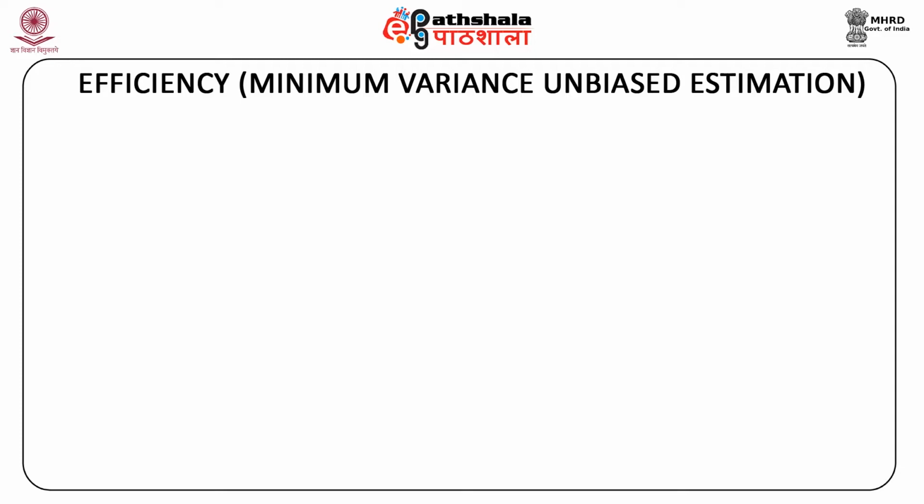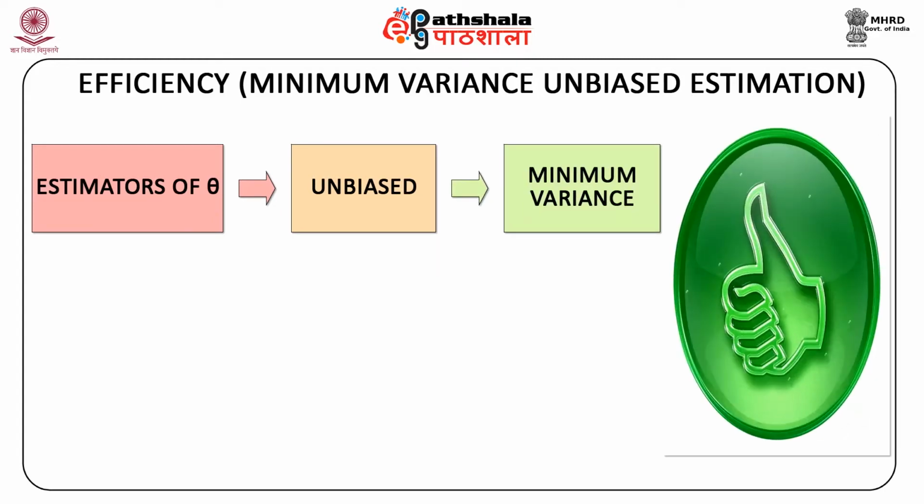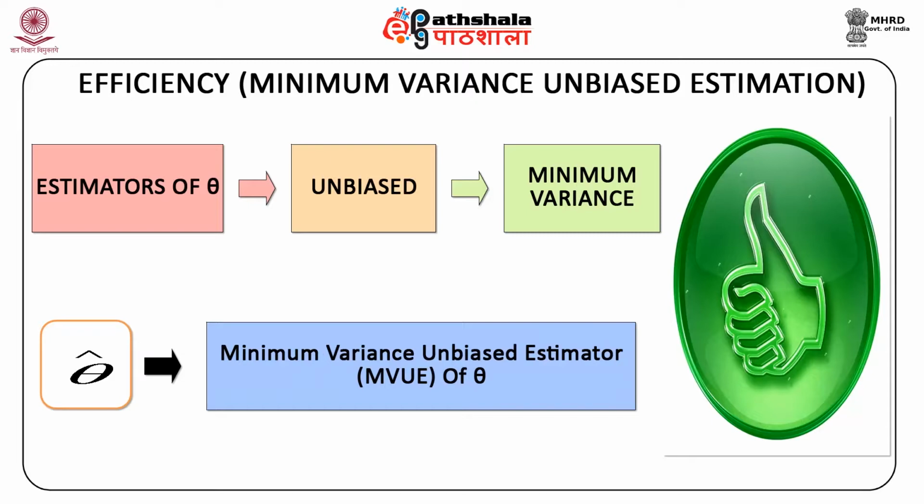The principle of minimum variance unbiased estimation is, among all the estimators of theta that are unbiased, choose the one that has minimum variance. The resulting estimator theta hat is called the minimum variance unbiased estimator, or MVUE, of theta.